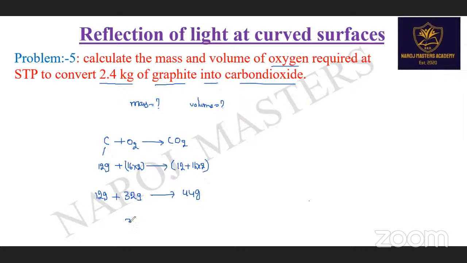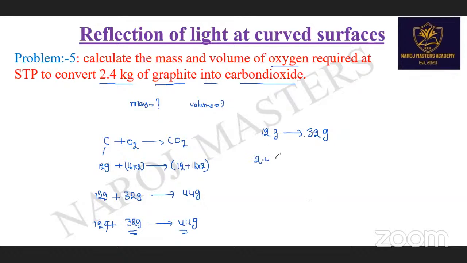From this, 32 grams of oxygen is required to get 44 grams of carbon dioxide. Or to convert 12 grams of graphite into carbon dioxide, 32 grams of oxygen is required.